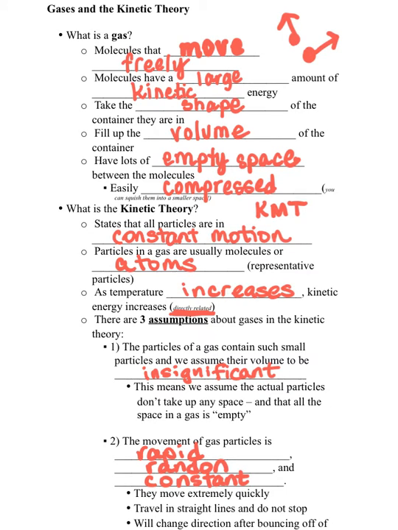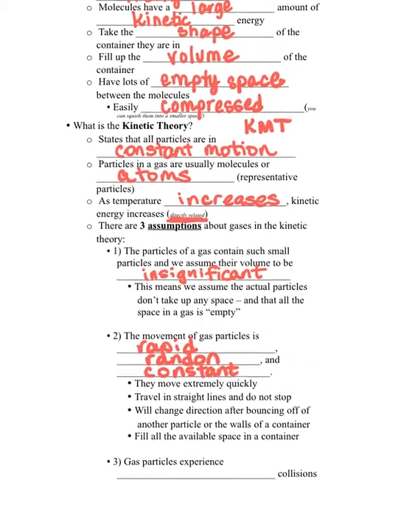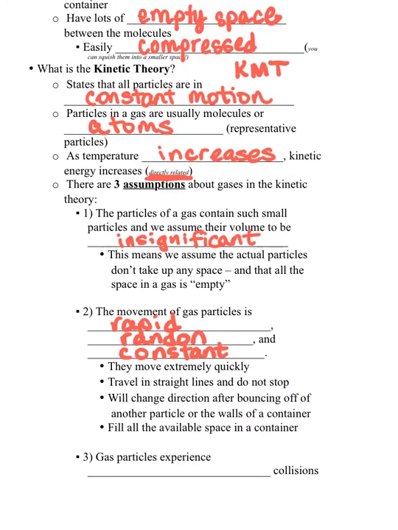They move extremely quickly, they travel in straight lines, and they do not stop. They will change direction after bouncing off of each other or the walls of the container. If they don't hit something else, they'll just keep going in a straight line. They will also fill all the available space in a container.